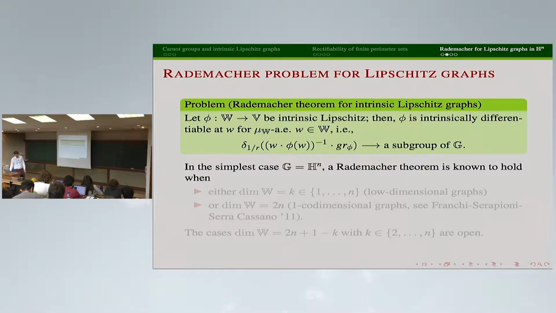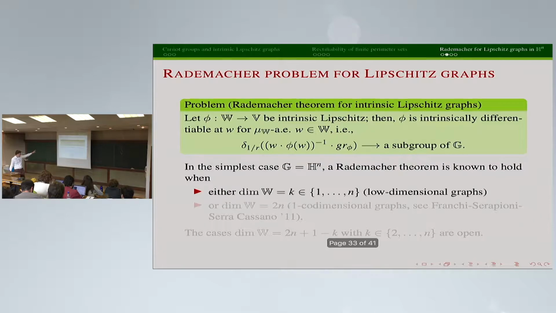So what's known is that the Rademacher theorem for intrinsic Lipschitz graphs holds for low dimensional graphs, when the dimension of the domain W is between 1 and n. In this case, the relevant case is when W is a horizontal subgroup, so an abelian subgroup of the Heisenberg group.